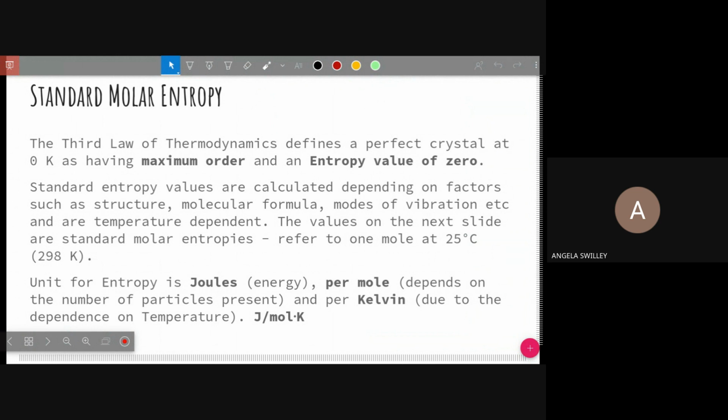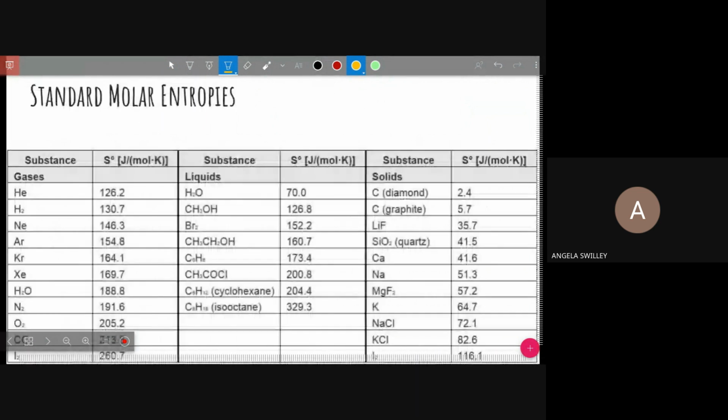The unit for entropy is joules per mole per Kelvin, because it's based on the number of particles present in the balanced chemical reaction, and it's also dependent upon temperature. So these are standard entropies. You will not have to memorize these. These will be given to you.